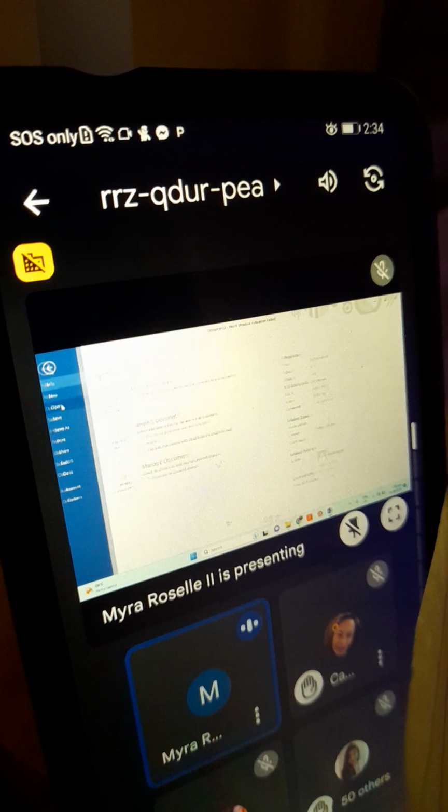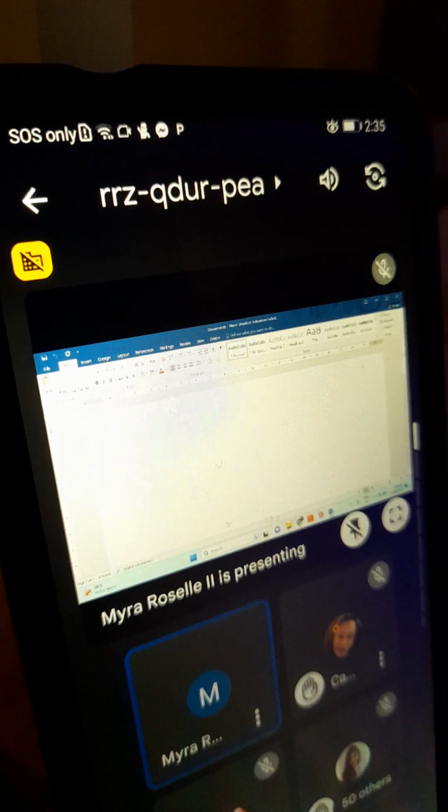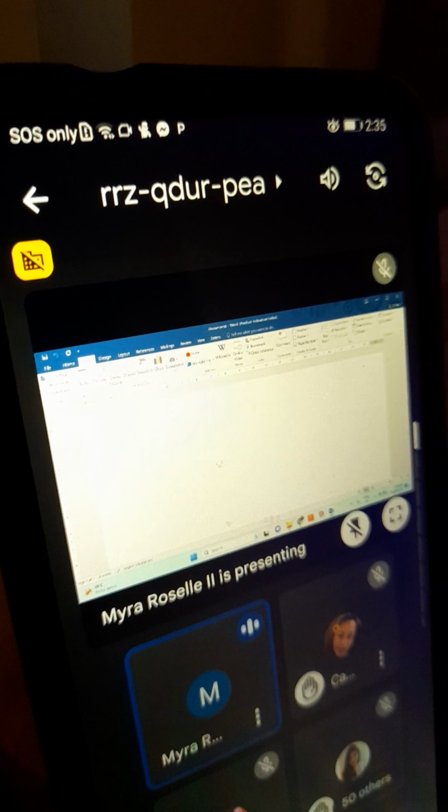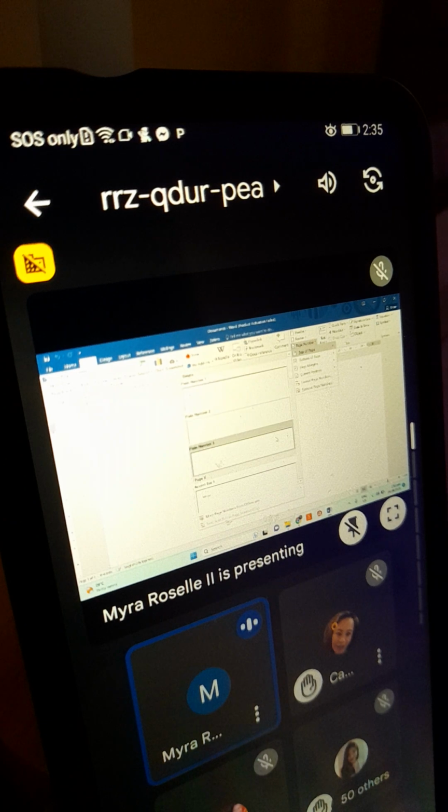Let's go to chapter 1. The making of chapter 1. Again, you do the same: insert page, adjust the page margin, 1.5 left, top, right, bottom, then 1 inch.